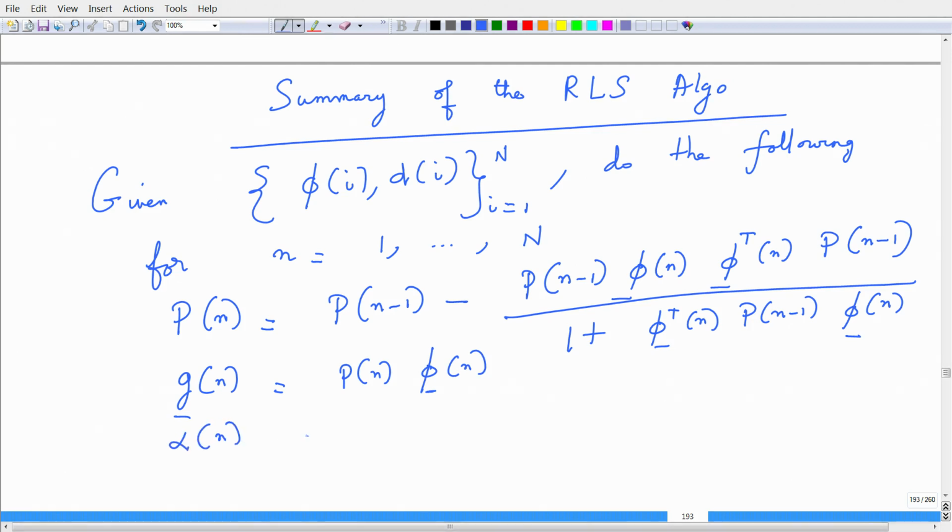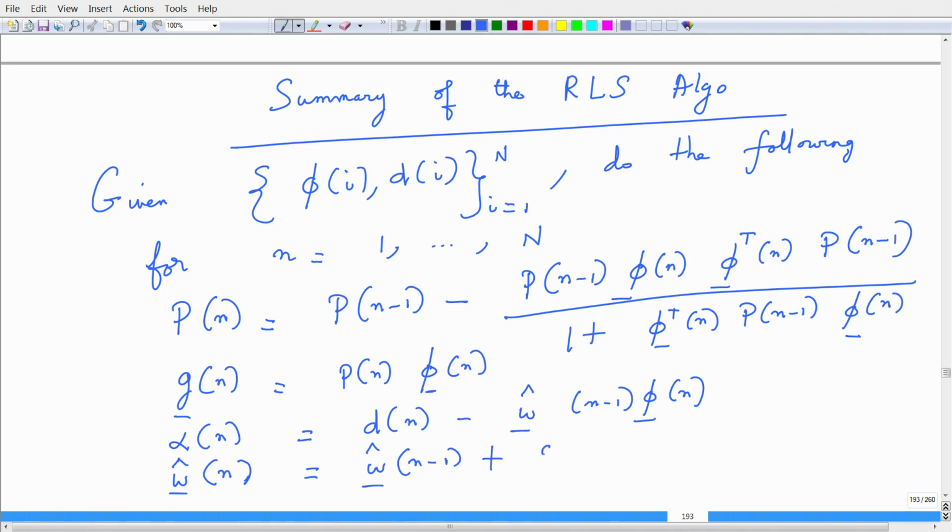Compute the innovation alpha n to be d of n minus w transpose of n minus 1 times phi of n. w transpose of n minus 1 times phi of n is a scalar here, and then the update w hat at time step n is w hat at time step n minus 1 plus the gain vector times the innovation, which is alpha n, which is basically a scalar.